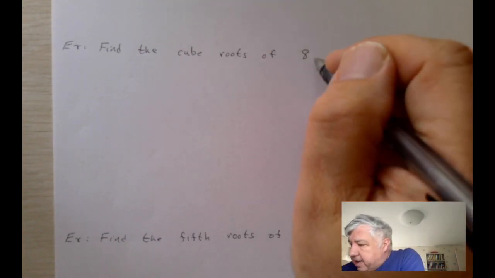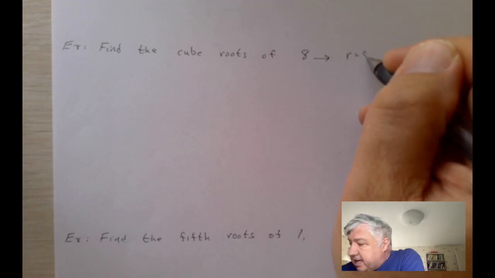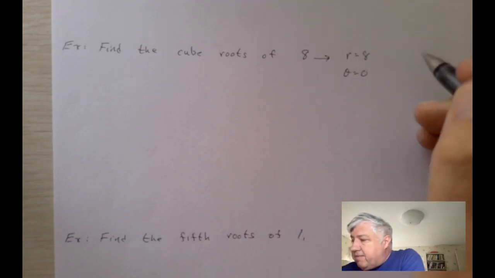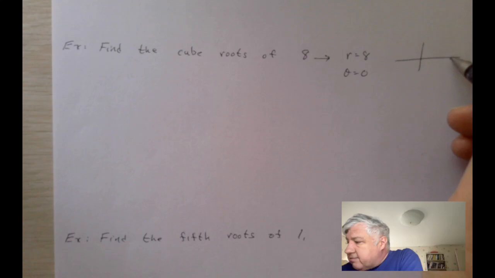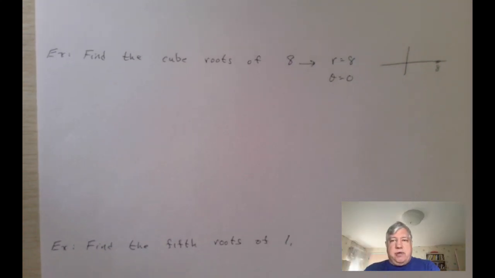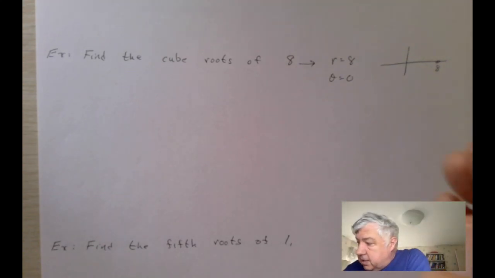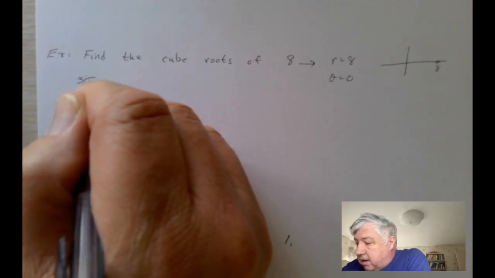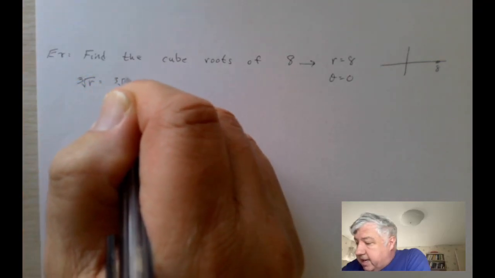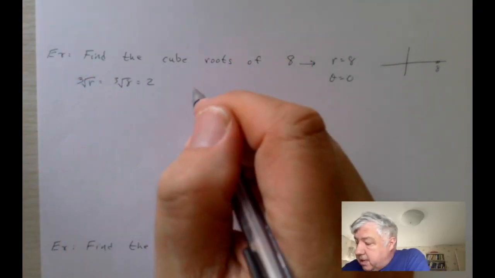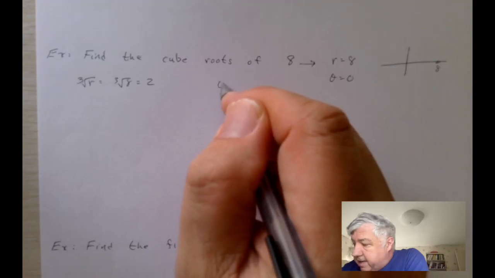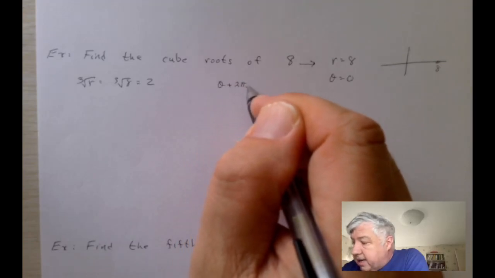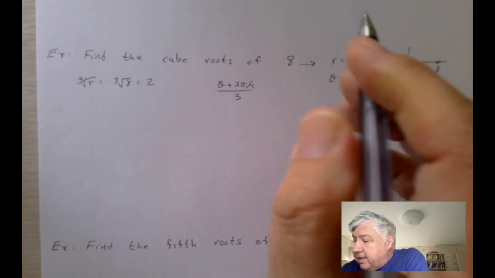So with 8, r is going to be 8, and theta is going to be 0, because, of course, 8 is real, and it's right on the positive real axis. So the cube root of r is the cube root of 8, which is 2, and we take theta plus 2 pi k divided by 3.